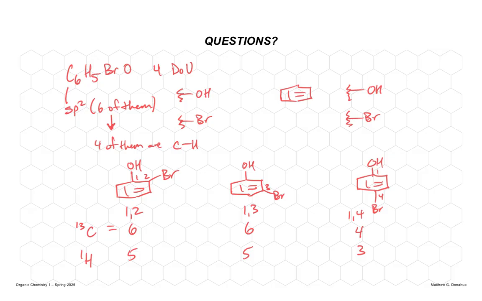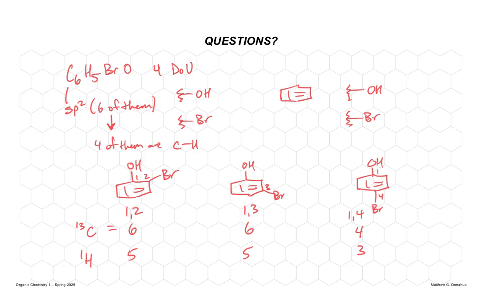You see we're sort of stuck now, right? Because they both have the same uniqueness set of 6 and 5, which matches the data. So what do we have to do now? We have to dig a little bit deeper and look at the couplings. We already eliminated the 1,4.